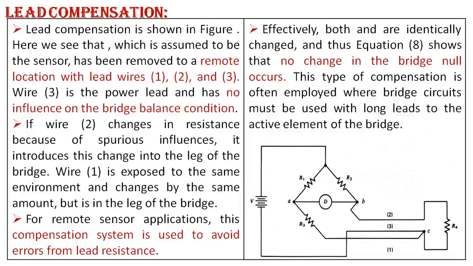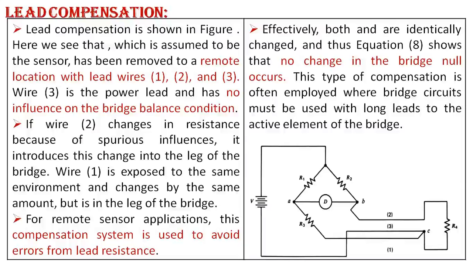Now, lead compensation is shown in the figure. Here we see that the sensor has been moved to a remote location with lead wires 1, 2, 3. Wire 3 is the power lead and has no influence on the bridge balance condition.